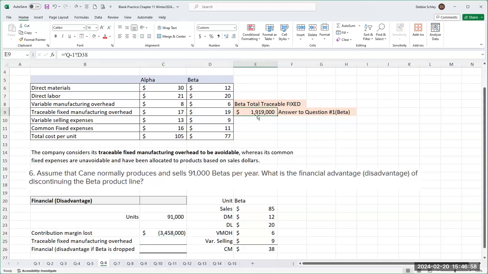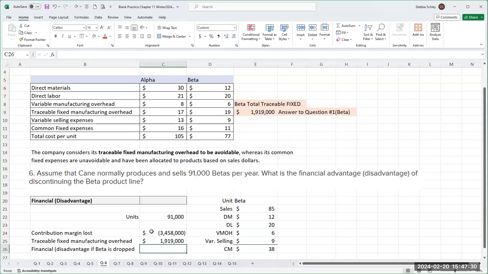So total traceable fixed manufacturing overhead for beta will always be $1,919,000, no matter how many units we produce and sell, because it's a total fixed expense. It's just traceable to the beta line, which they told us is avoidable if we end this line. So that's why it becomes a positive, right? Because it's an expense that we don't have to pay anymore.